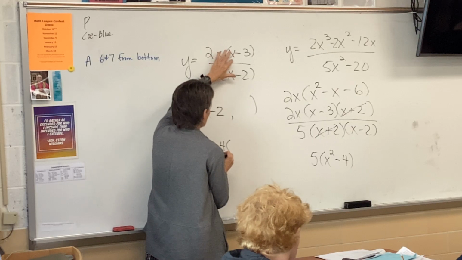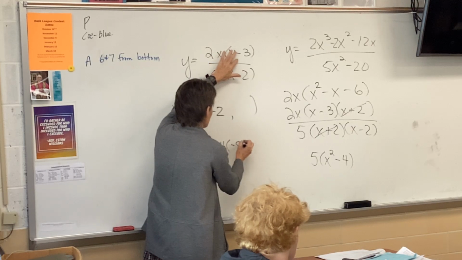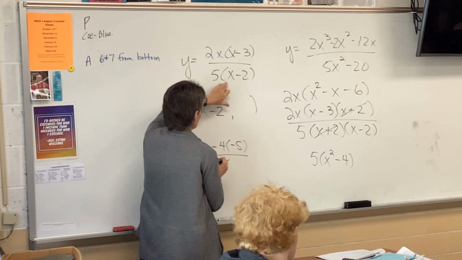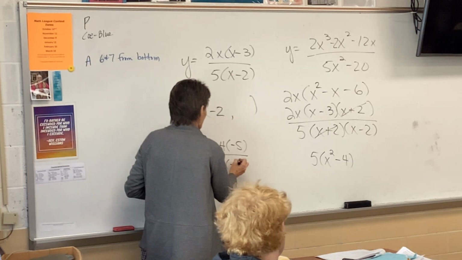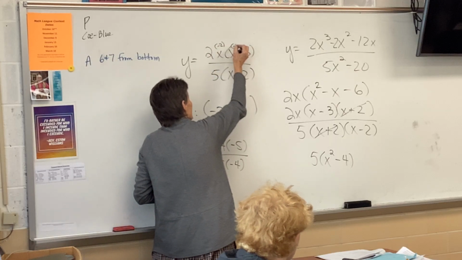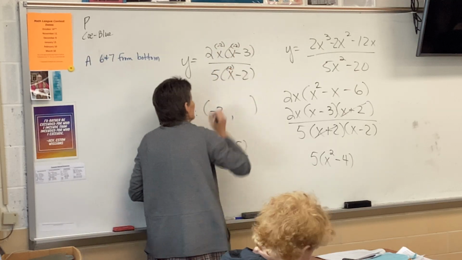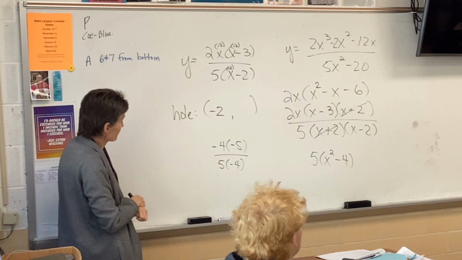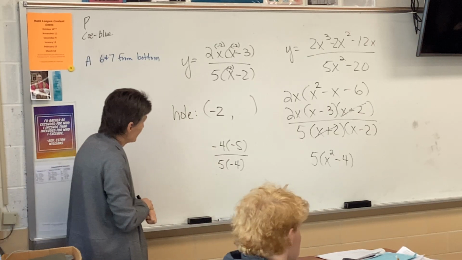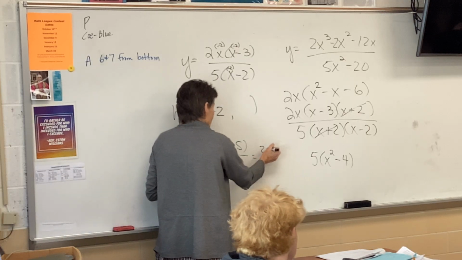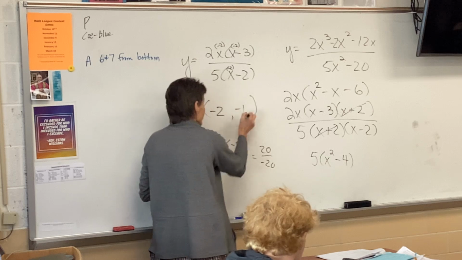Negative 2 minus 3 is negative 5. Negative 2 minus 2 is negative 4. So I put in negative 2 here and here and here. Negative 2's in all over. Well, at least that part worked out nice. This works out to be just negative 1.